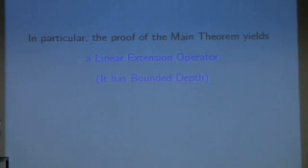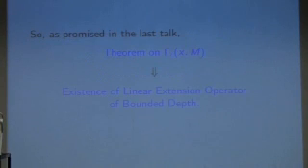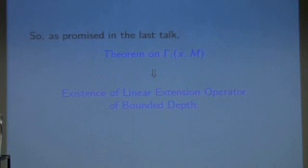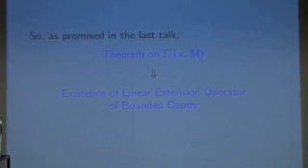So the proof of this theorem gives a linear extension operator of bounded depth. And the consequence of that is that, as promised in the last talk, this theorem on the convex sets gamma of L implies the existence of a linear extension operator of bounded depth. And in the last talk, we reduced everything else to that.